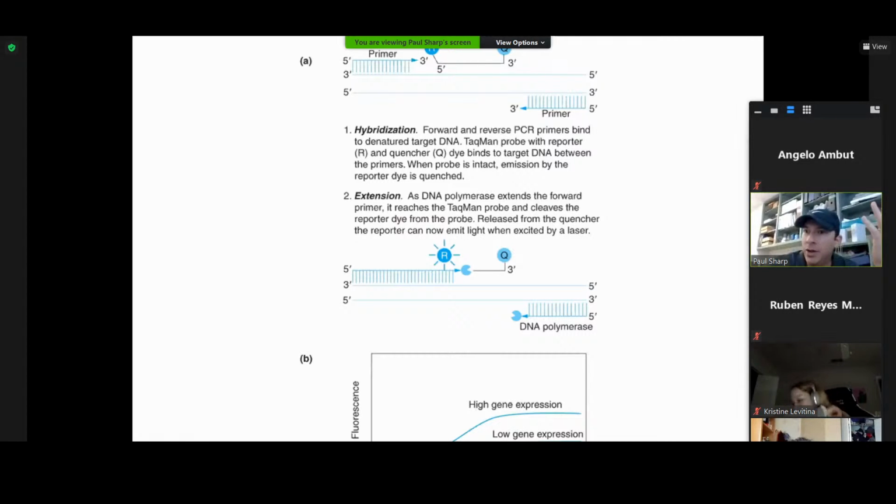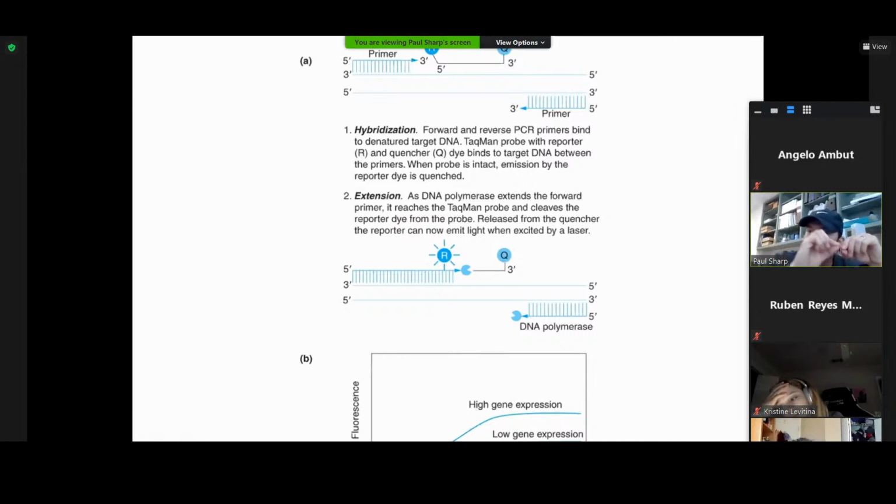And then you can graph that, and then you can figure out what these unknowns would be. Okay, so if you have known starting material, then you can do a series of dilutions, and then you can run that on the qPCR, and then you can generate a standard curve because you know how much starting material you had as to when they're going to cross the threshold cycle for fluorescence.